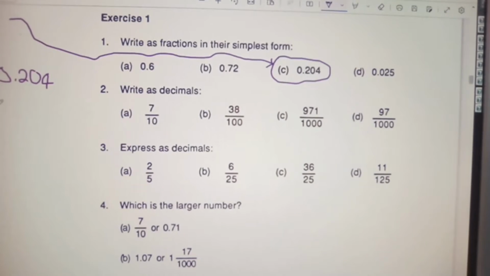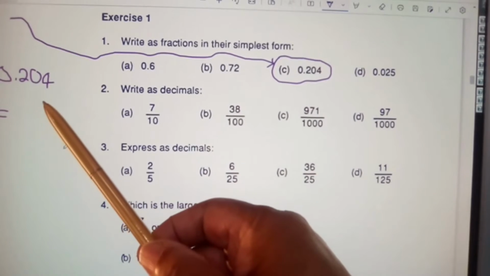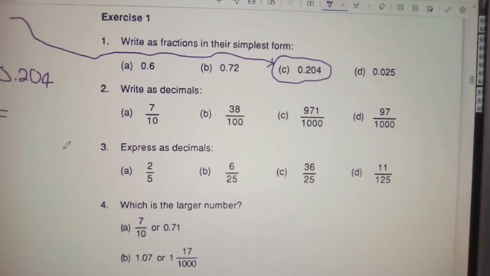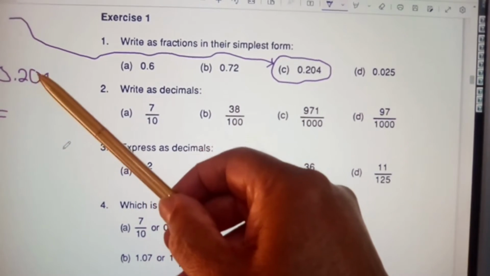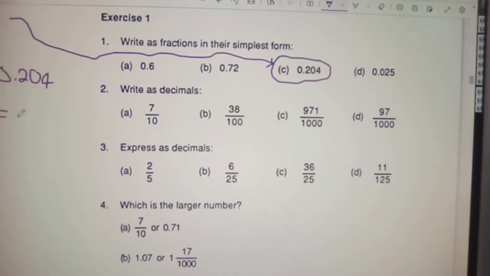So therefore it's going to equal, because we have to add a number of noughts to it, and we need to look at it as a whole number. Once we move the decimal point 1, 2, 3 places to the right, it is seen as a whole number. Therefore, it will then come as over 1,000 because we have had to add 3 noughts.